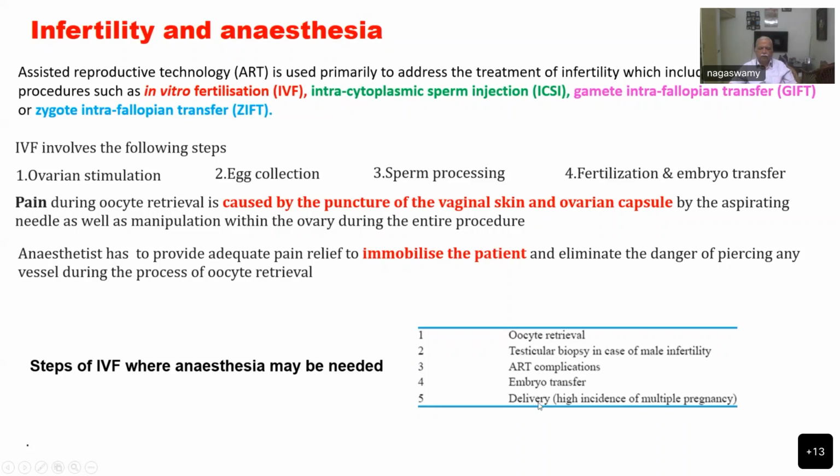And finally, your role does not end with just helping the formation of the fertilized ovum. You have to follow up, and the majority of these patients who undergo IVF therapy deliver either by cesarean section, or they may also have twin or triplet pregnancy. So your role extends up to the delivery of the mother.